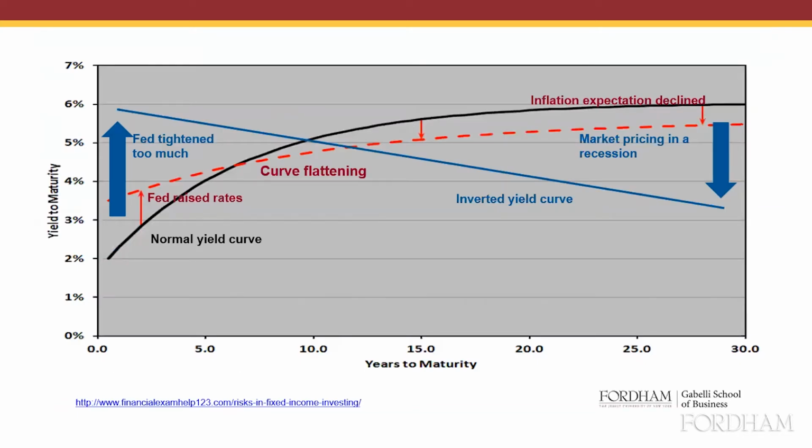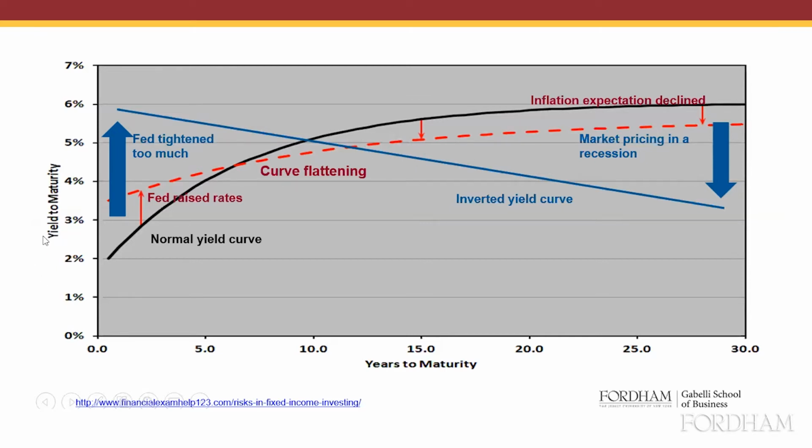So let me run through this one more time because it's extremely important. When we have a normal yield curve in the dark line here, the Fed raises rate and the back end comes down, we have a curve flattening.